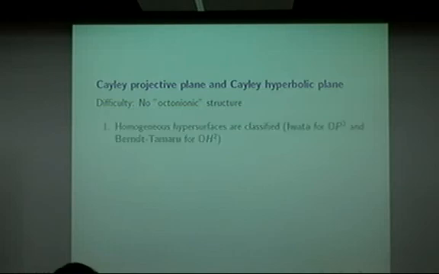What one can still do is classify the homogeneous hypersurfaces. Iwata did this in the projective case, and I did this with Tamaru in the hyperbolic case. That's possible because one knows the isometry group, and one can reduce the problem to a group theoretical problem, and one uses structure theory of semisimple Lie algebras to solve it.